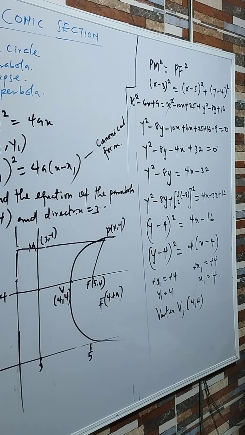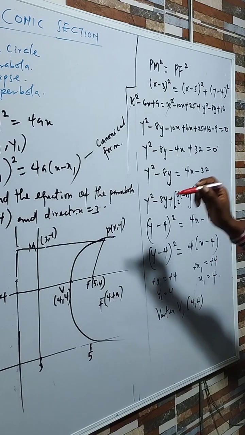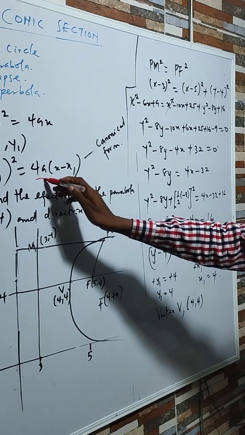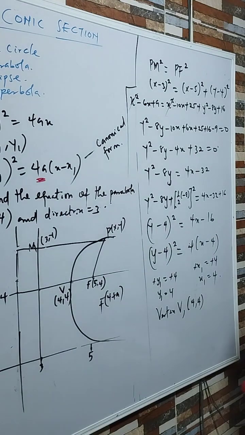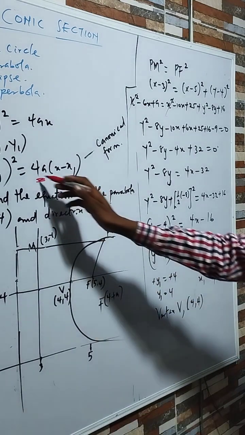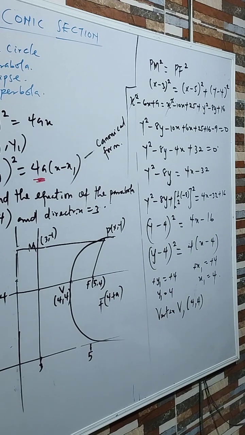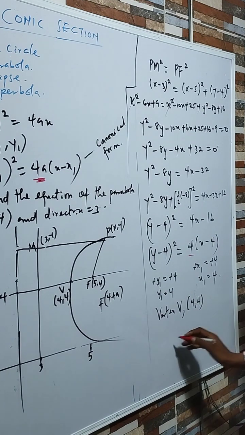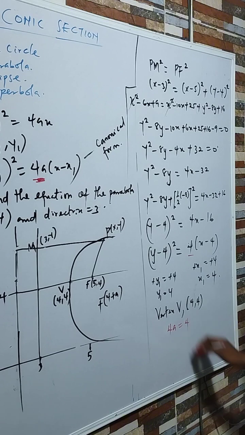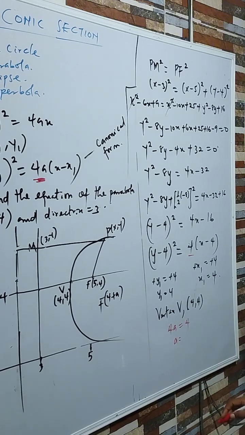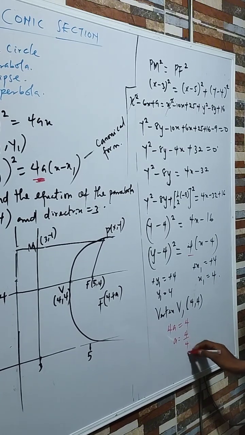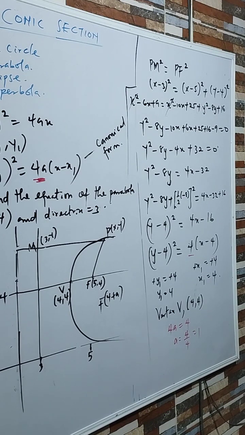If you compare our y squared with what we have here, you observe that this is 4a, and what I'm having here is 4, so we can say that my 4a is equal to 4. So what's the value of a now? a is equal to 4 over 4, which is equal to 1.